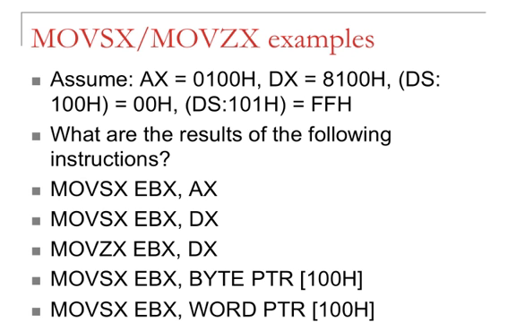What are the results of the following instructions? We have 5 instructions, 3 are sign extension, 1 is zero extension. And I would like to give you 1 minute to work on these 5 examples.